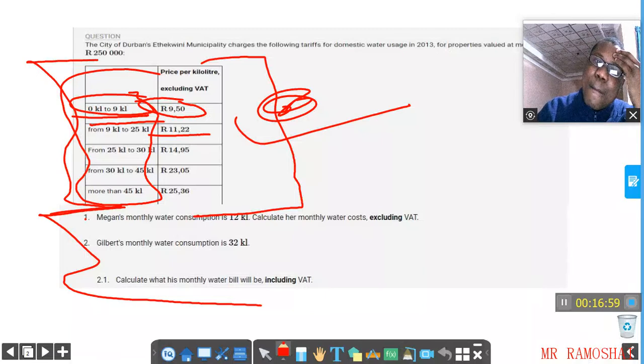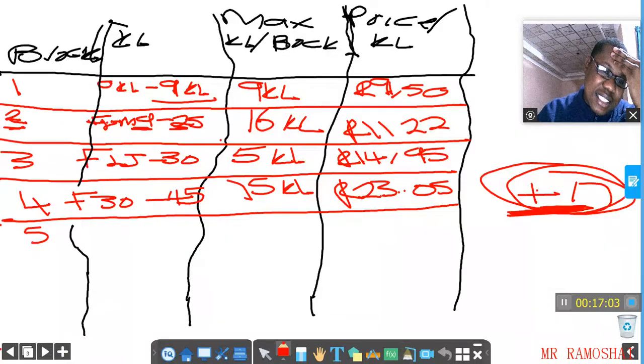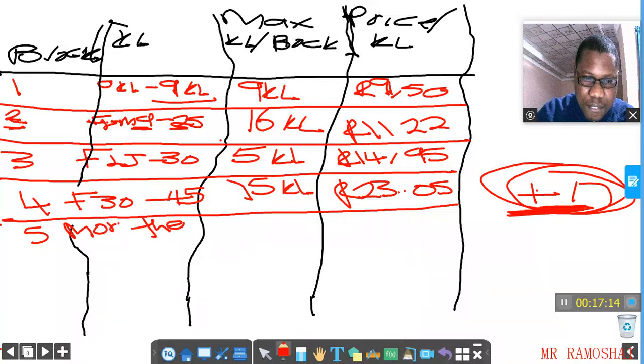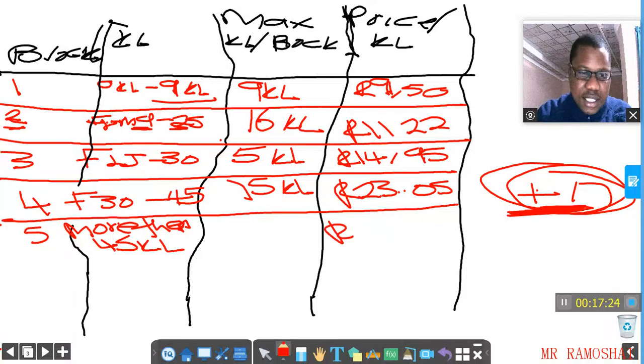Block number 5, it says more than 45 kiloliters. It no longer tells us from 45 to what. Do you understand? It just says more than 45 kiloliters.